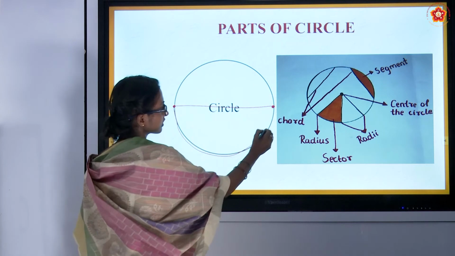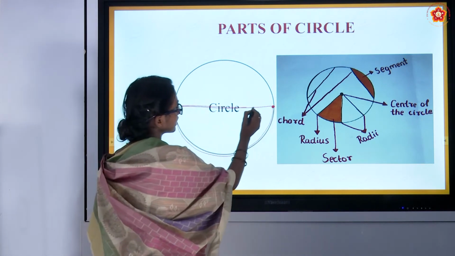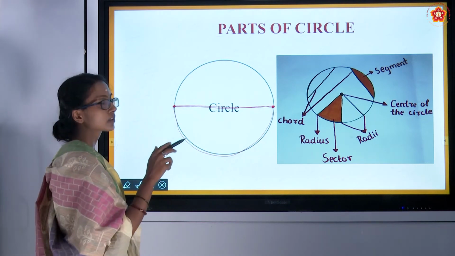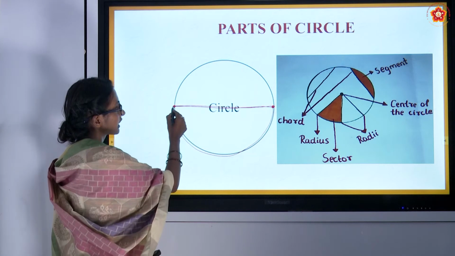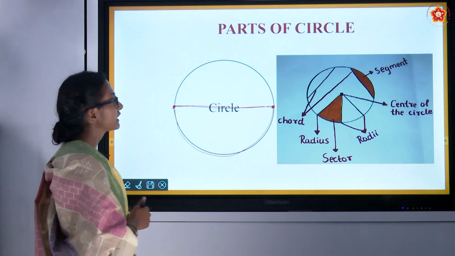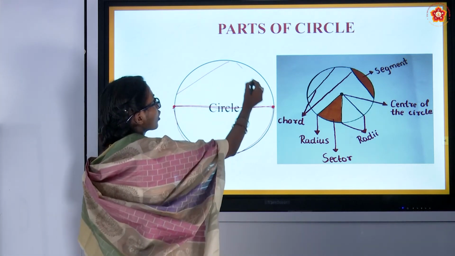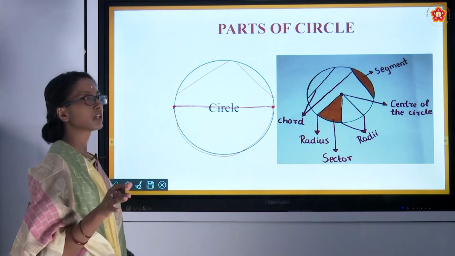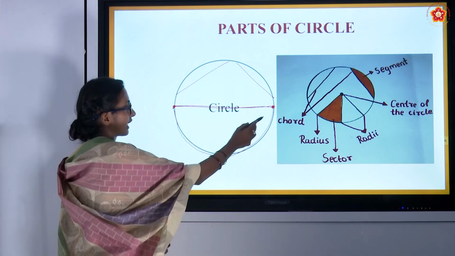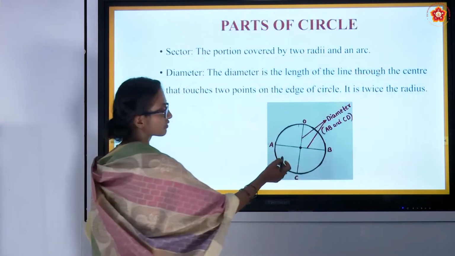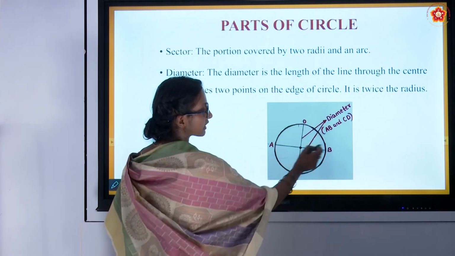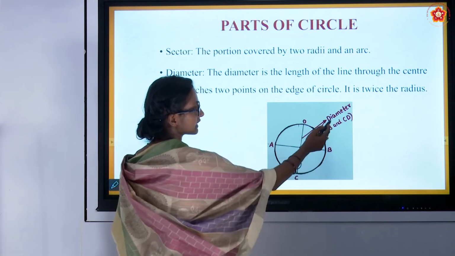This is an arc, this is a diameter. So, a diameter can also be called a chord because its end points lie on the circle. But each and every chord cannot be called a diameter. Please make sure that all chords can't be diameters, but a diameter can be a chord. Here you can find AB is one diameter, DC is one more diameter. Diameter AB and diameter DC or CD.